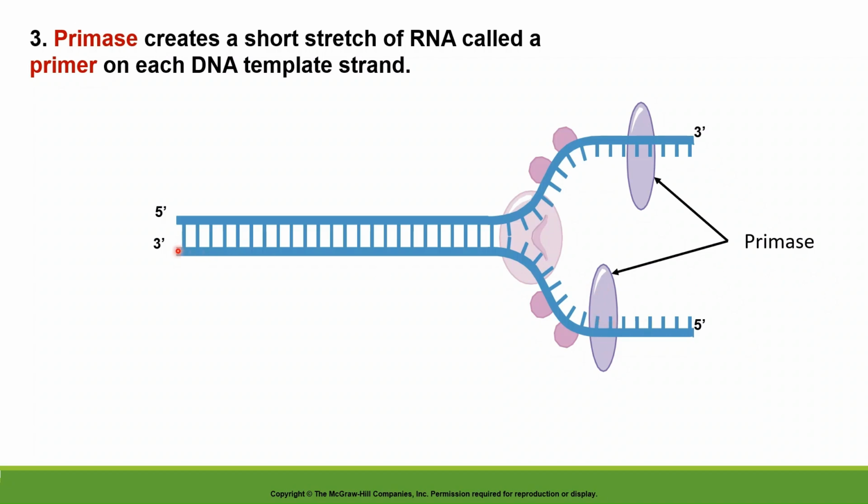So from the 3' end this way down towards the 5' end of the street. So we would expect this enzyme to move towards this end and this enzyme to move towards this end, towards the replication fork. See how it kind of makes a fork here? We call this the replication fork region.